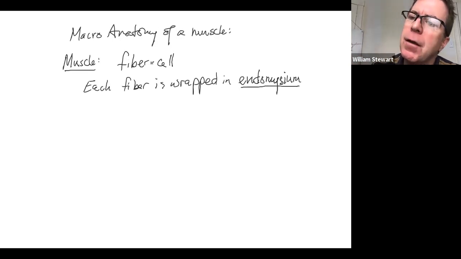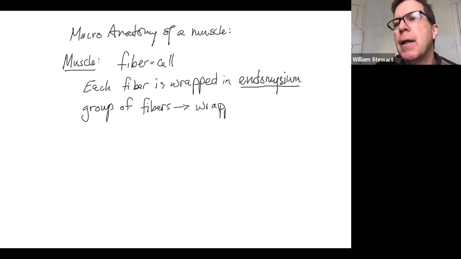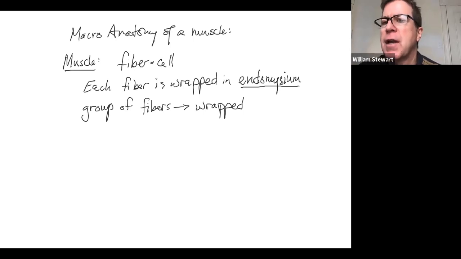Now, if we take a bundle of those fibers, a bunch of those wrapped fibers, and we group them together, I'm just going to write a group of fibers, then gets wrapped in a slightly thicker, coarser connective tissue called perimysium.